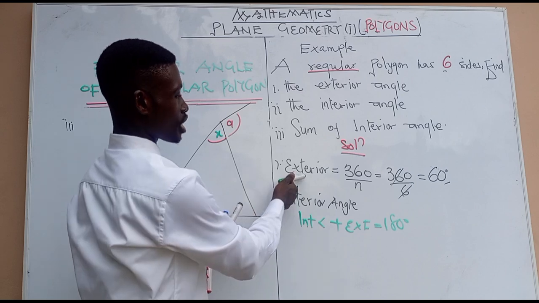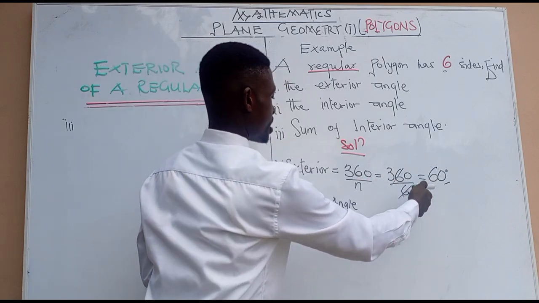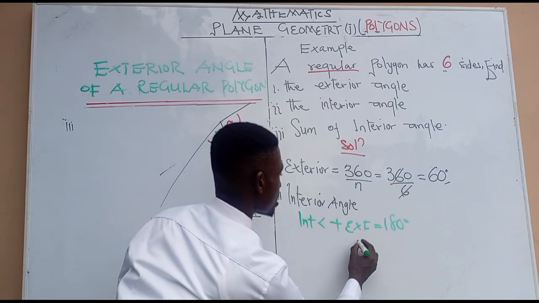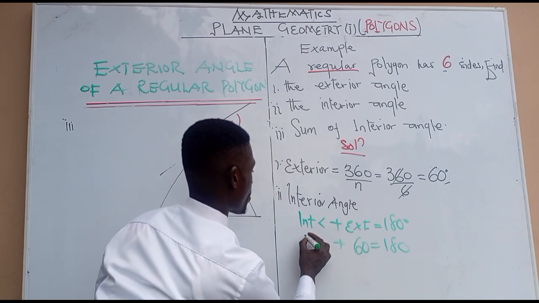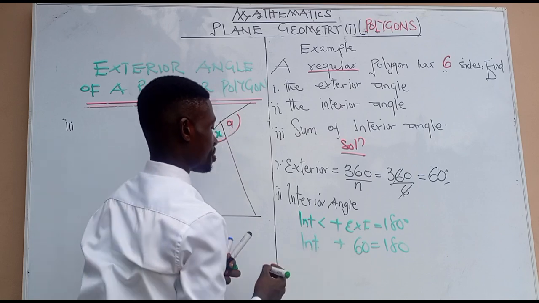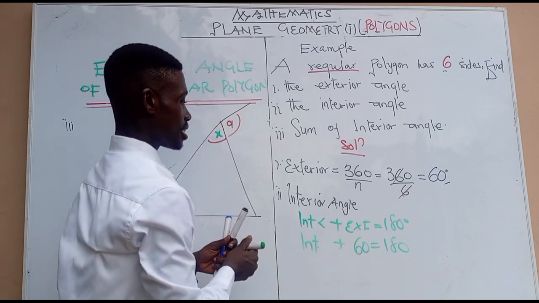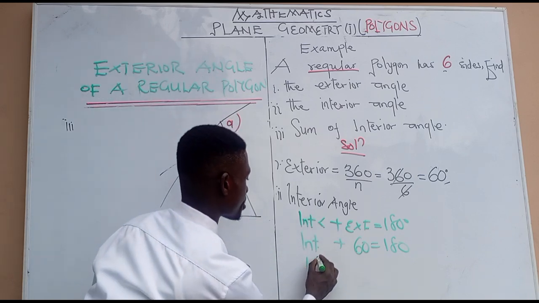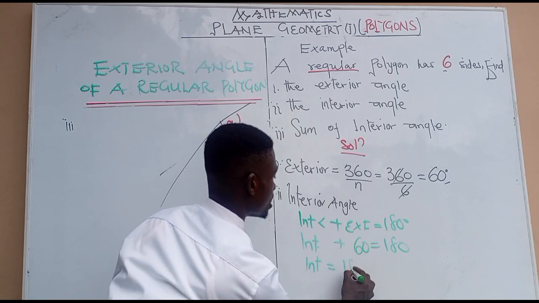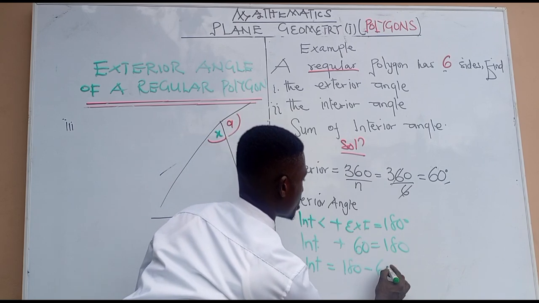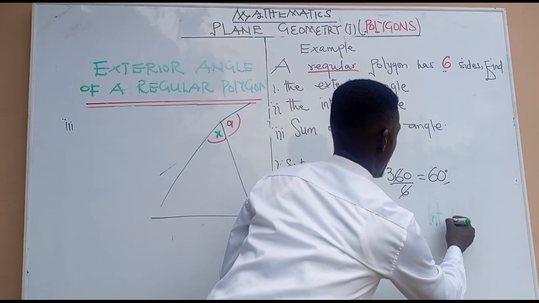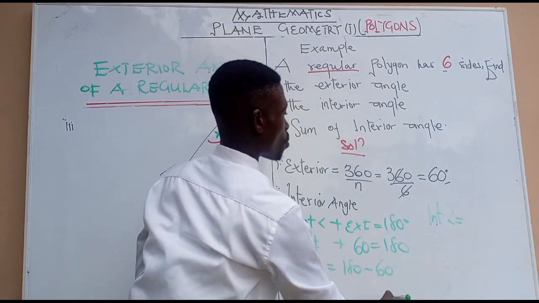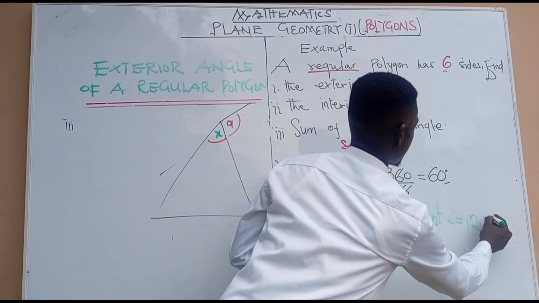And we have already established that our exterior angle is 60 degrees. We are looking for the interior angle. Now we can say that our interior angle is equal to 180 minus what? 60 degrees. Therefore, our interior angle is equal to 120 degrees.